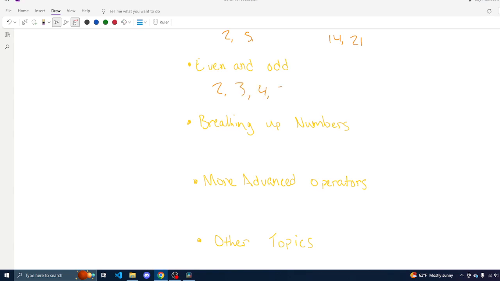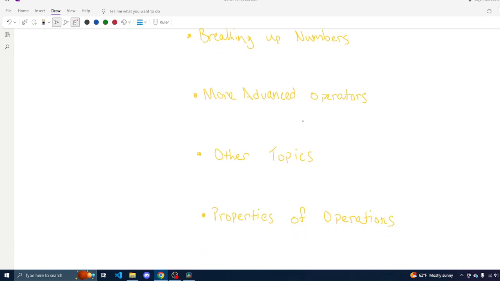And here we see that these just alternate between even and odd. You'd discuss different ways of breaking numbers up. So you talk about fractions. Let's do A over B. You would talk about decimals. And you'd probably talk about percentages as well.